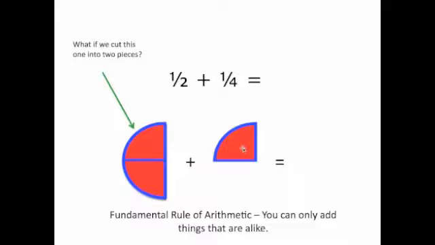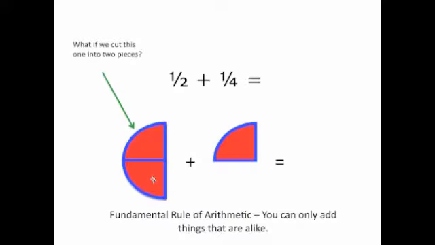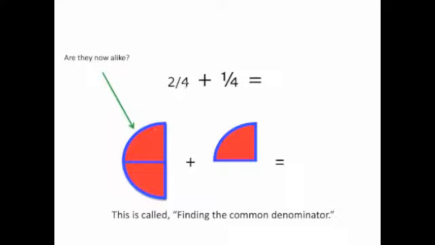Now, what if we cut this one into 2 pieces? I want you to look closely at this. We have this piece, and this piece. Those all appear to be the same size. So in fact, what we have done to our fraction of 1/2, which was right here, is divide that 1/2 in 2 again, and now we have 2 parts of a whole cut into 4 pieces plus 1 part of a whole cut into 4 pieces.